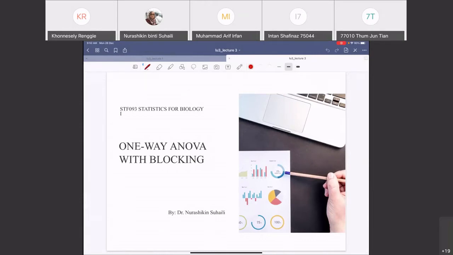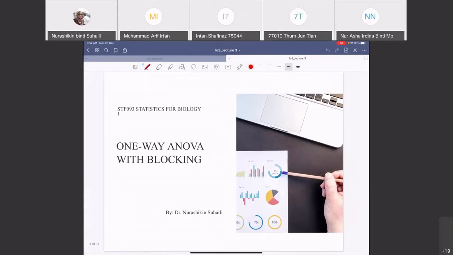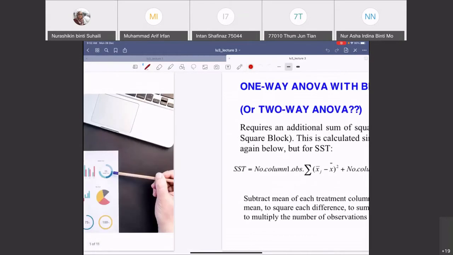Okay. Right. So what is one-way ANOVA with blocking? Let me give you an example.